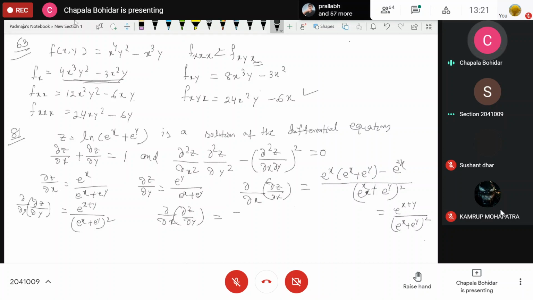Then minus e to the power y, and the derivative with respect to x of e to the power y is 0, divided by (e to the power x plus e to the power y) whole square.